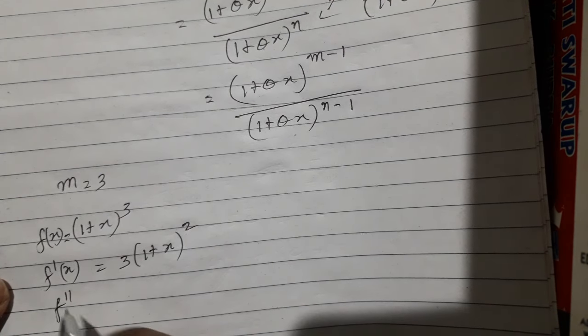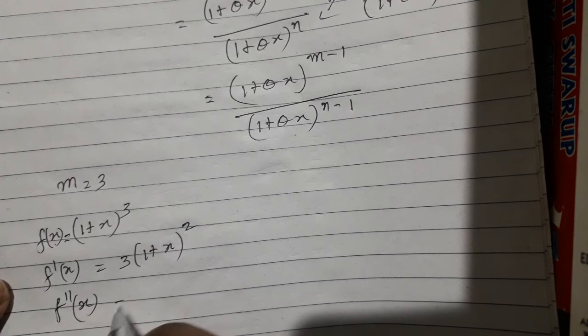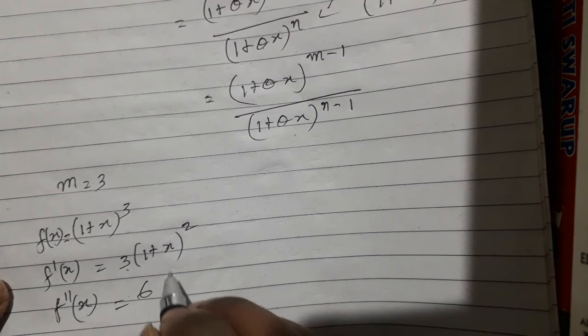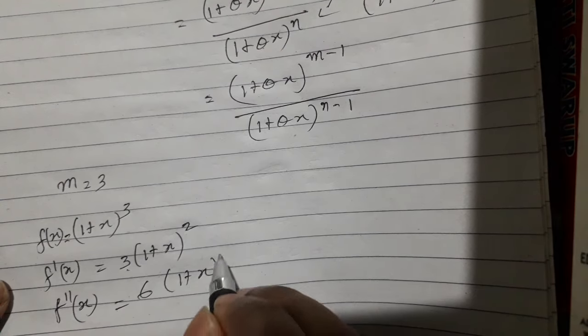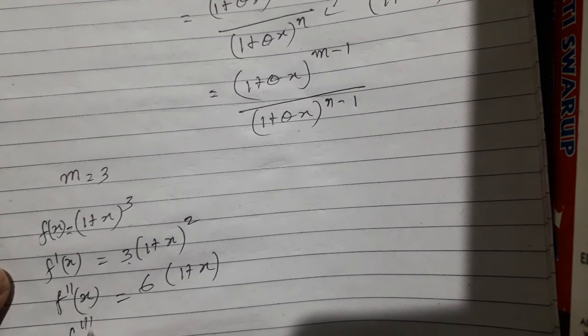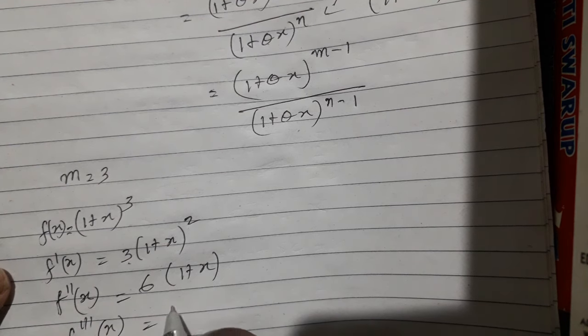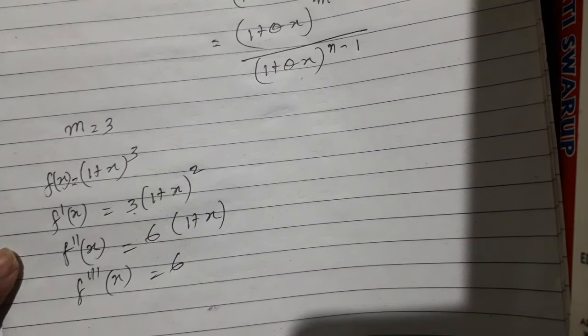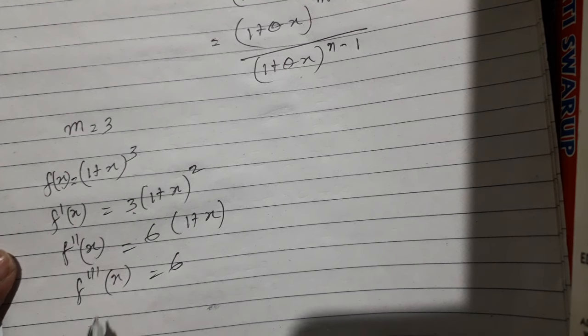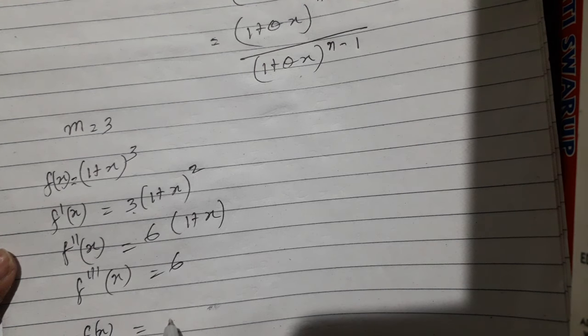Then if I differentiate this, I get 3 into 2, which is 6(1 + x). Then if I differentiate again, I get 6. So if I write the Maclaurin theorem for this, we get f(x) equal to f(0).